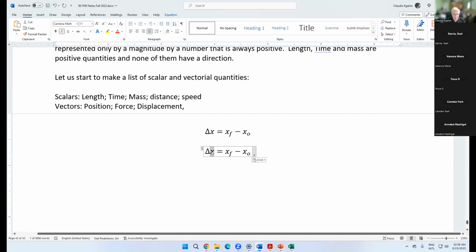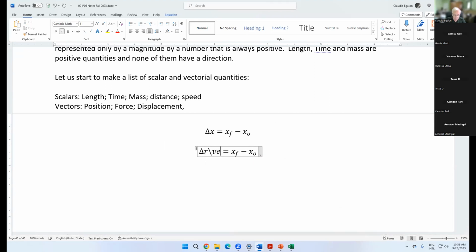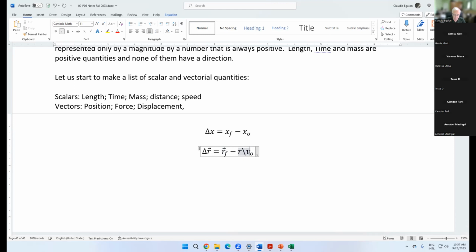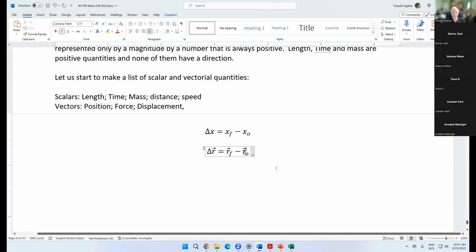The displacement vector we represented as being final position minus initial position. And I'm going to put it as delta R here.